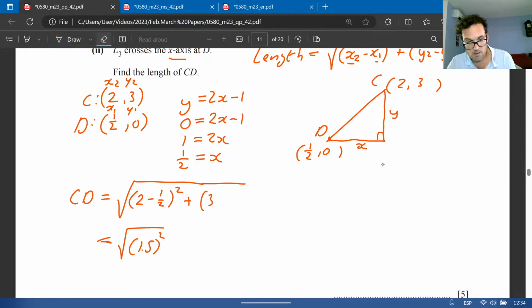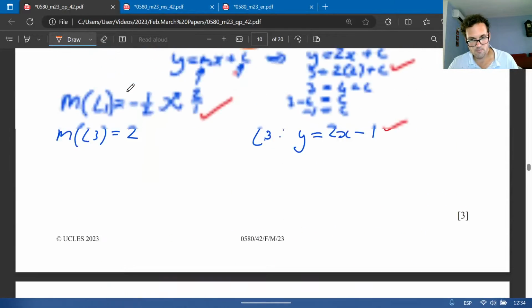So by the way, we now know that the length of this line is 1.5. Because 2 minus a half, yep. Okay, y2 is 3 minus 0, which is 3 squared. We now know the length of this line is 3.